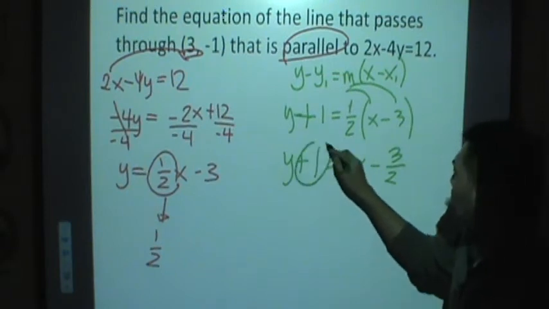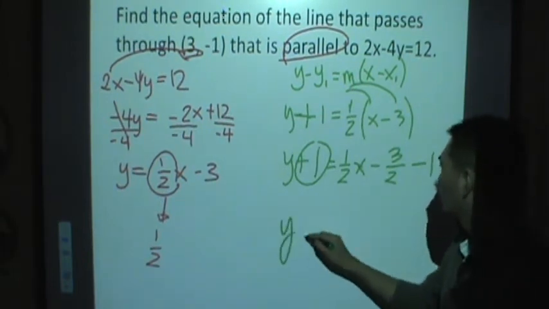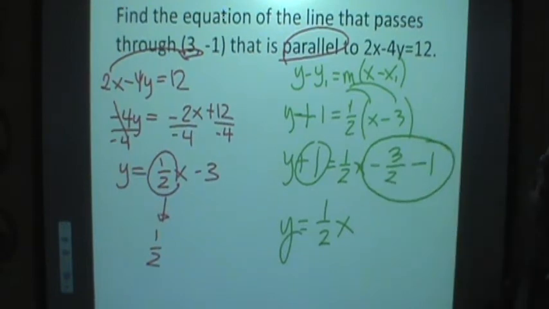Now, I need to have y alone. I need to get rid of that +1, so it becomes -1. So, using your calculator, you can now do -3/2 minus 1. Okay, let me use my calculator here. -3 divided by 2 minus 1, and then math, enter, enter.